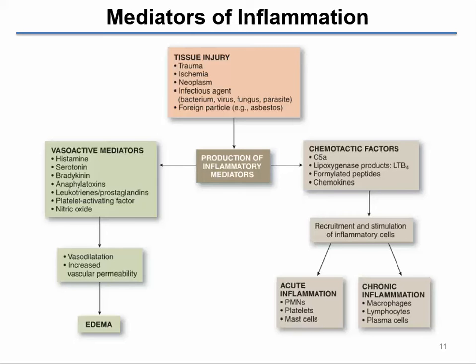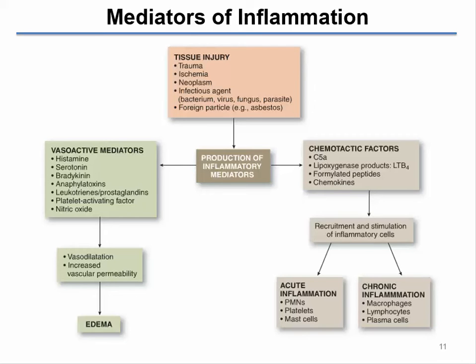When the tissue gets damaged, it stops producing the anti-inflammatory chemicals and starts releasing the pro-inflammatory chemicals, the inflammatory mediators. And these mediators basically fall into two categories: the vasoactive mediators and the chemotactic factors.